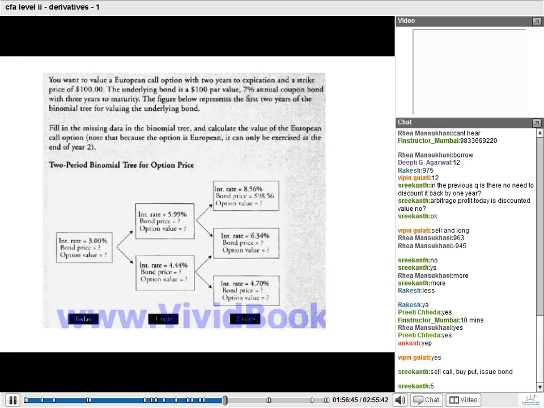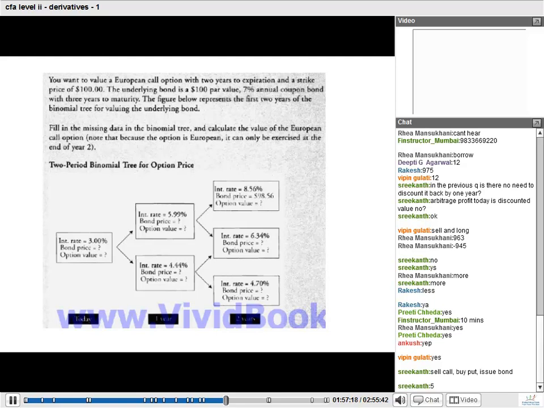The underlying bond is a $100 par value, 7% annual coupon bond with 3 years to maturity. The figure below represents the first 2 years of the binomial tree for valuing the underlying bond. Fill in the missing data in the binomial tree and calculate the value of the European call option.